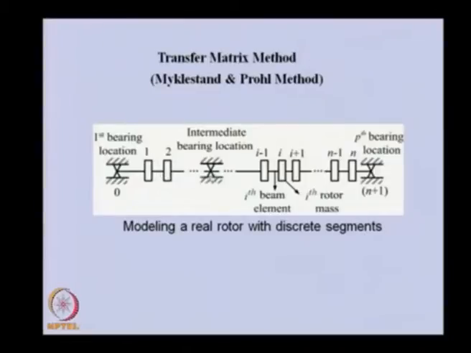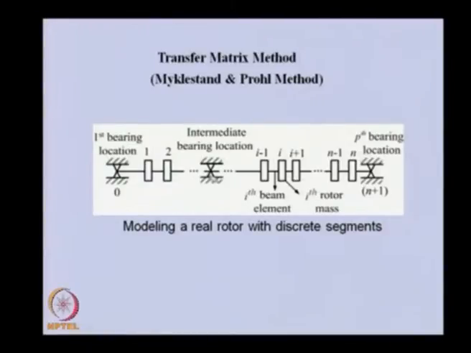Now for developing the point matrix or field matrix, we need to take some representative beam segment or rotor segment, and from the free body diagram of that we will derive the field matrix and point matrix for these segments.